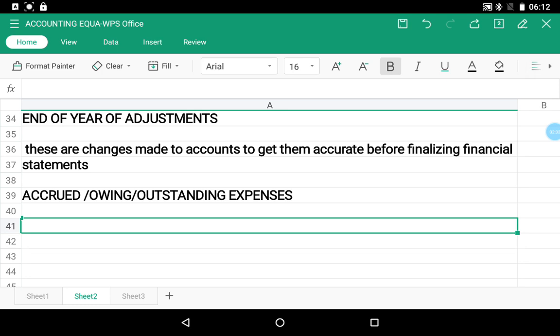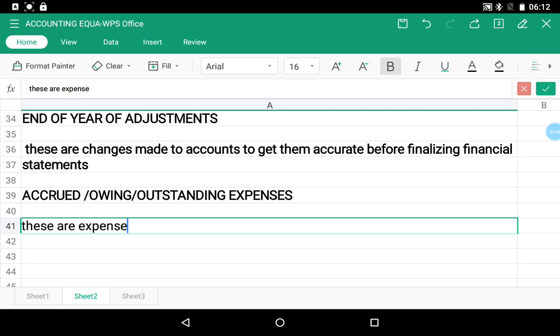These are expenses incurred by an entity or business but not yet paid for.